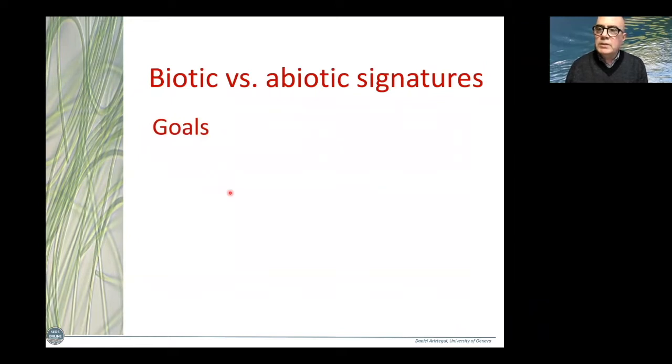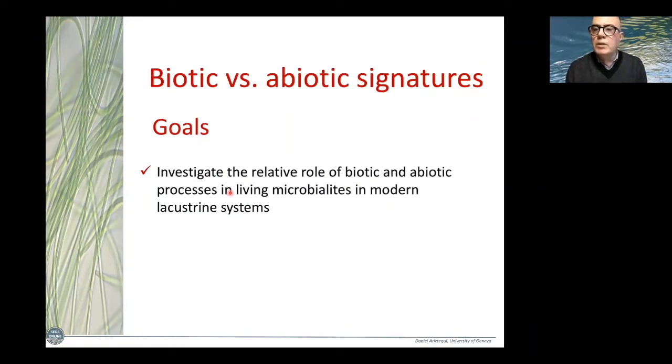So what I would like to do today, and the goal of this presentation, is to show the work that we have been carrying out in the last years, investigating the relative role of these biotic and abiotic processes using living microbialites in modern lacustrine systems.